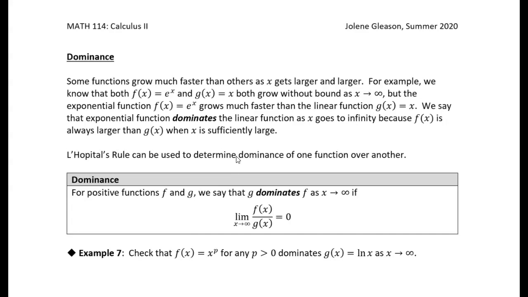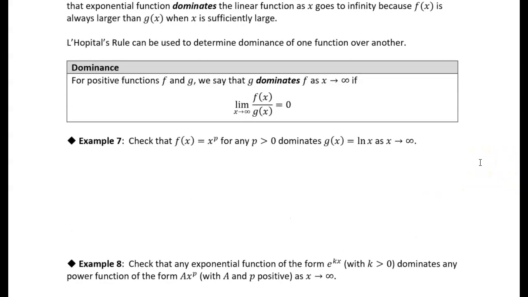Because it grew much faster than the numerator, it became larger and larger, so the limit became smaller and smaller because it's in the denominator. So that's one way that we can test for dominance, just by looking at the limit of the ratio of two functions. Let's go on to example 7 and look at how we can apply this.